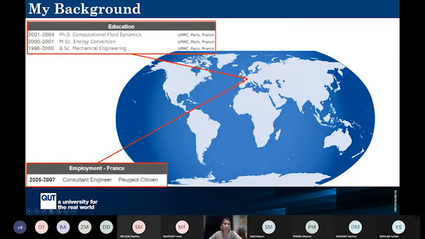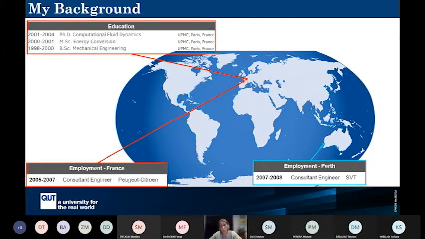From there, I worked nearly 2 years as an external consultant for Peugeot, working on diesel combustion, noise, and injection strategies. And following that, I moved to Western Australia, so the west coast of Australia, into Perth, where I worked in a small engineering company working in oil and gas and mining industries over there.